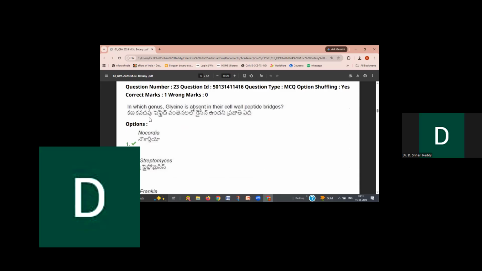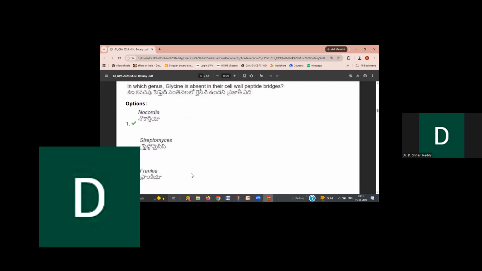So Nocardia is the right answer. In the Nocardia cell wall, we don't find the glycine, but in Streptomyces, in Frankia, and in Micromonospora, we find the glycine. That is the right answer.